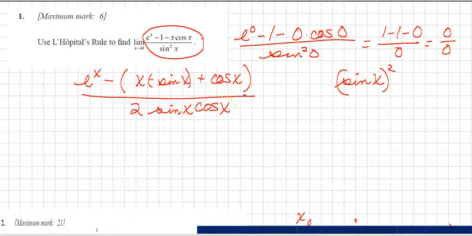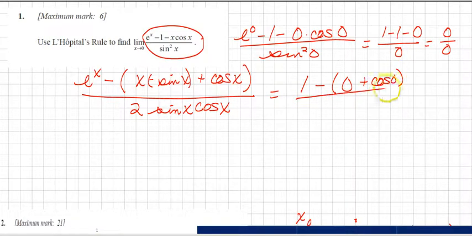All right, now that we have that result, we will now try to sub in 0 and see what our result is on this limit. So e to the 0, again, is 1 minus quantity x, which is 0, times negative sine of x. It doesn't matter because we're multiplying by 0, plus the cosine of 0, all over 2 times the sine of 0, which is 0, times the cosine of 0, which is 1.